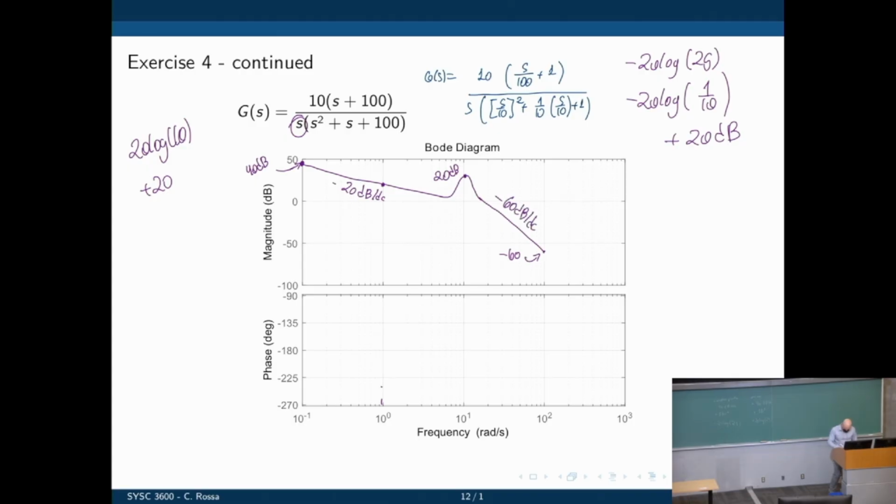Remember that the complex pole here added minus 40 dB per decade to an existing slope of negative 20. So at 10 times the current frequency, we are at 0 now. 10 times the current frequency, you have to go down by 60, so negative 60. Right, there is a 0 at 100. So the slope that was negative 60 actually becomes negative 40 because the 0 is adding 20 decibels per decade to it. So one decade from now, if you now are at negative 60, we'll actually be at negative 80.